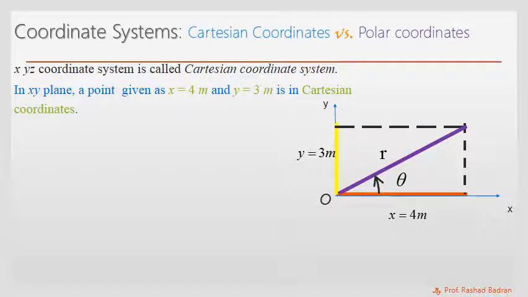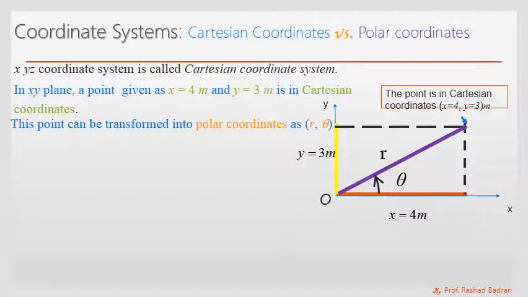Here it must be noted that the two coordinates x and y form the two sides of the right-angled triangle that has r as hypotenuse.